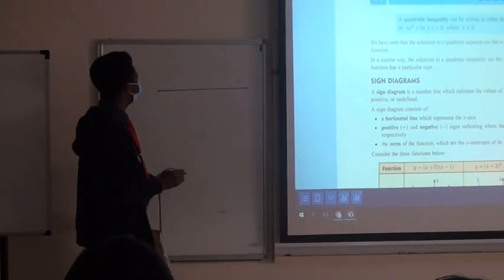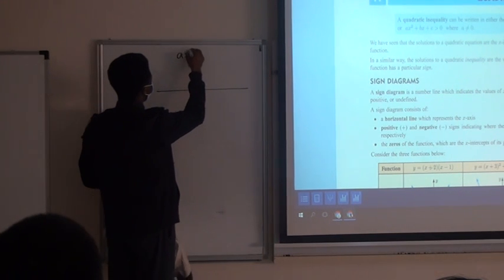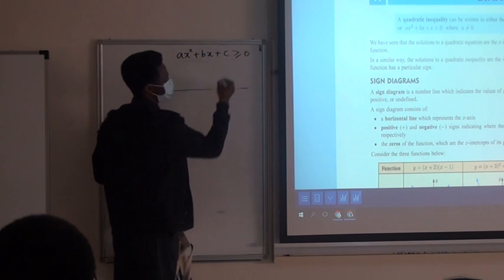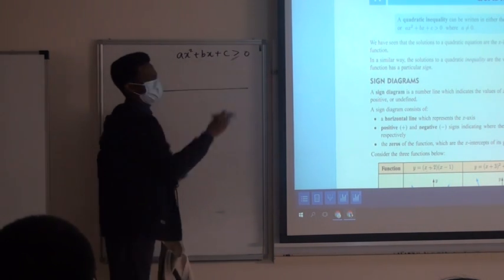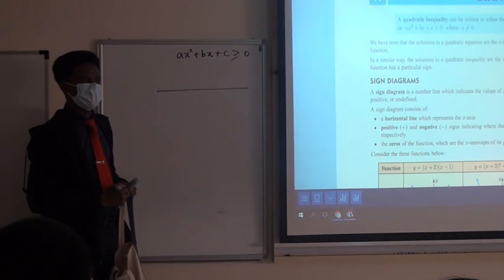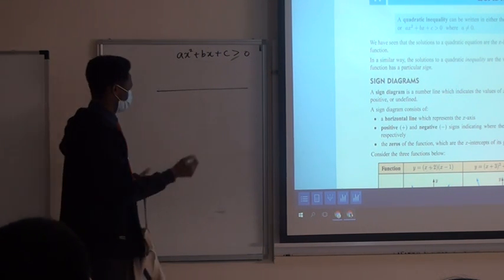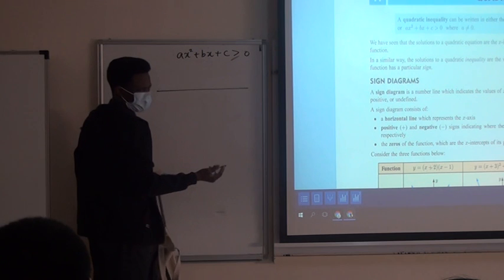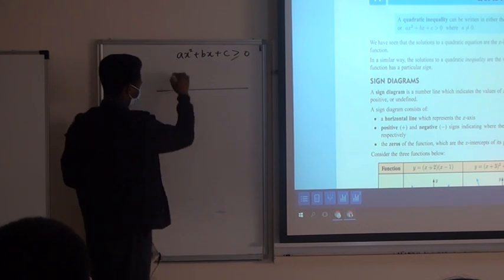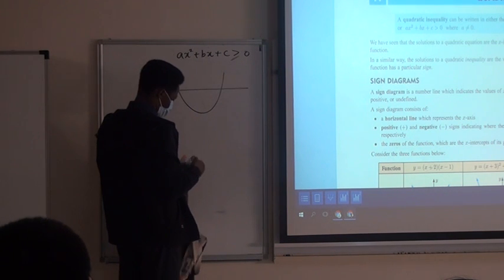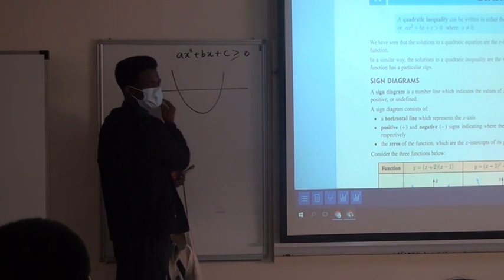If the question says, find the solution of this, maybe greater than 0, not greater than equal to. Okay? If this is the question, normally you can maybe sketch. If you sketch and you have something like this, we're talking about the region where it is above this x-axis.